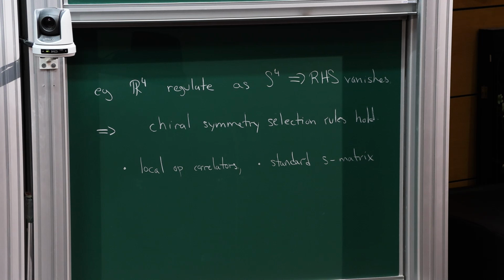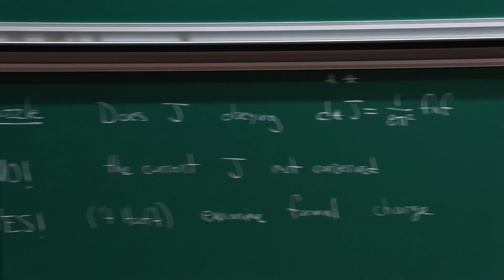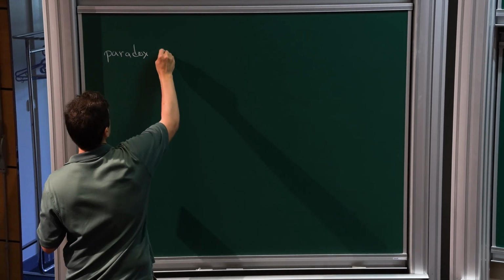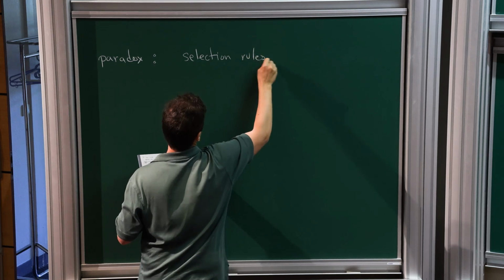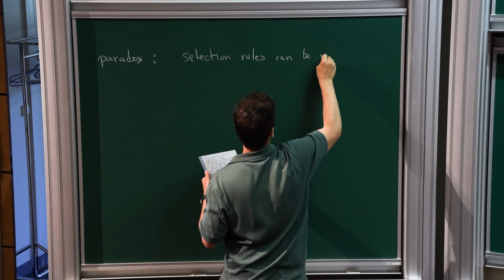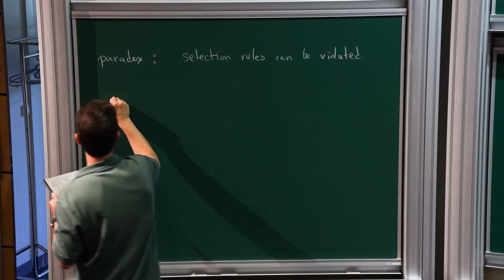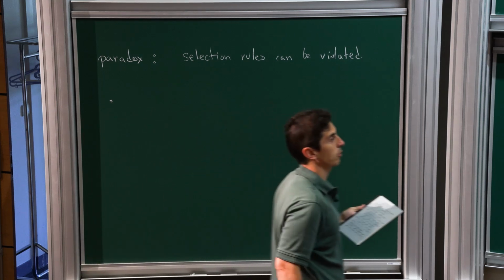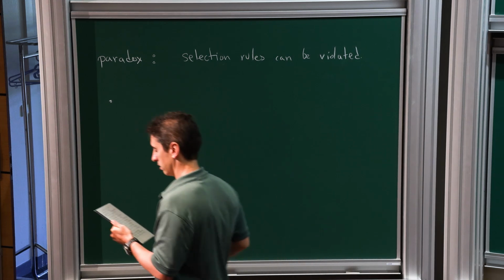Now, the paradox remains, though. Even if you adopt this yes point of view, it's clear that the selection rules can be violated. So let's say how that would work. For instance, when I get to this key step where I have to integrate F wedge F over space-time, what if my space-time is more interesting?